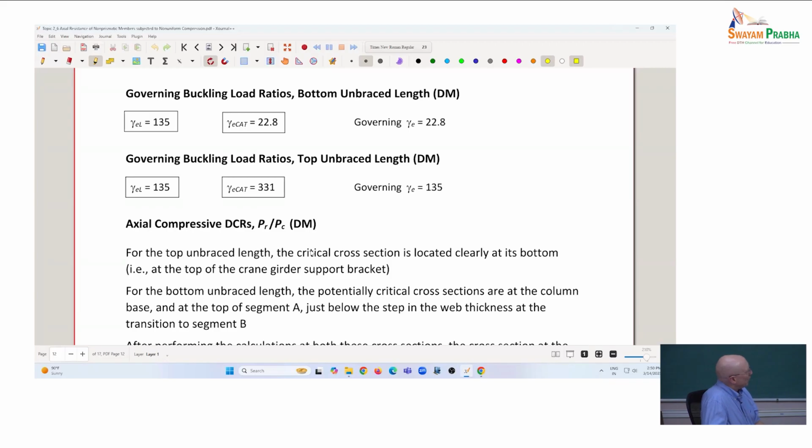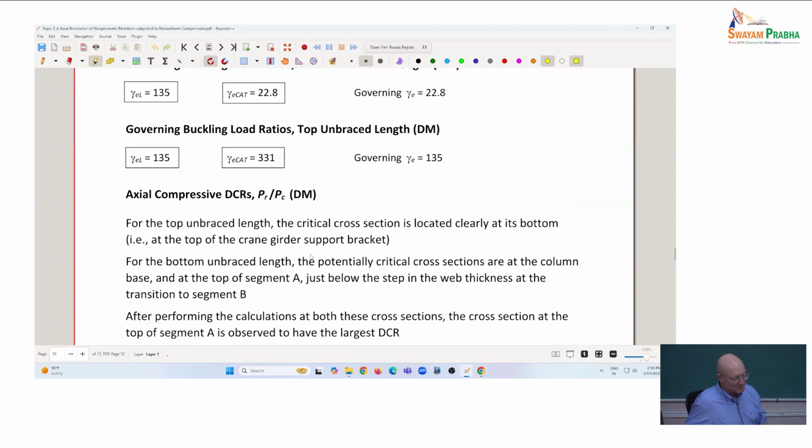Well, here in this problem, the problem includes self-weight, so the axial stress in the column is increasing even in the top part, even though that top part's actually prismatic. And so the critical cross-section is going to be from inspection just at the bottom of that top part.